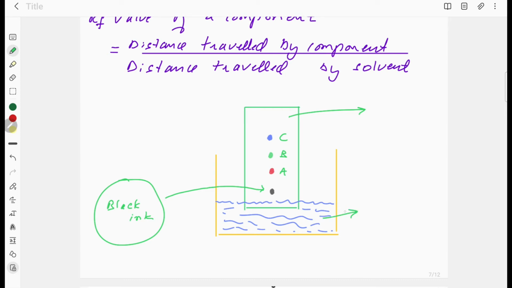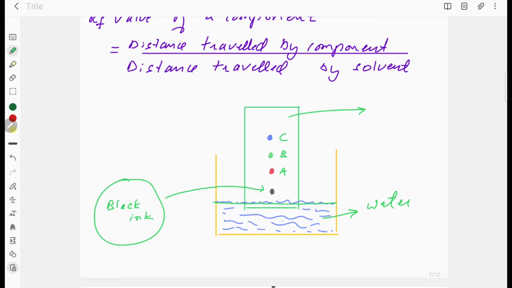This is a solvent in which this black ink is soluble. Mostly inks are water soluble. So I'm taking water over here, and this level of water should be below the dot, the black ink dot.